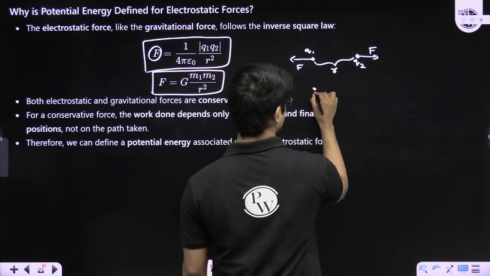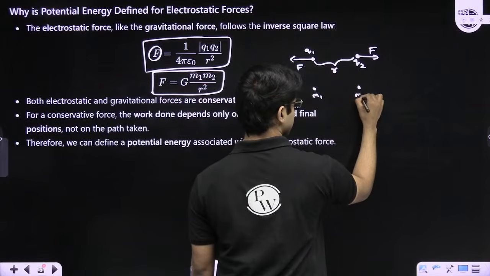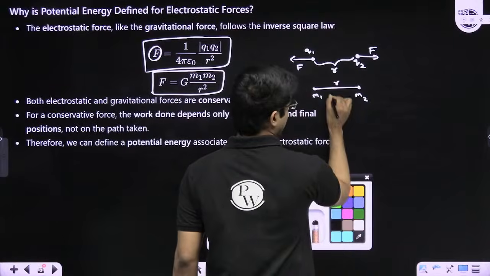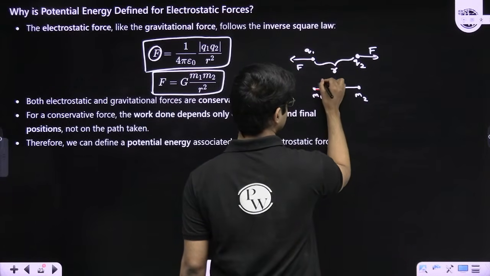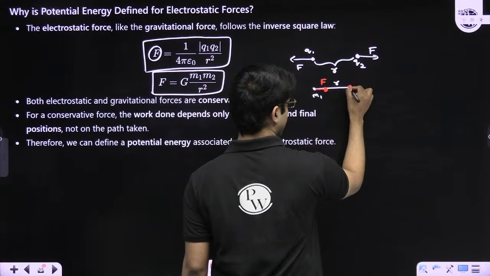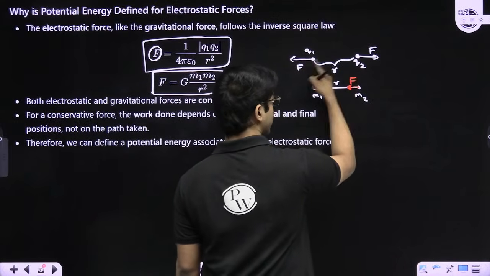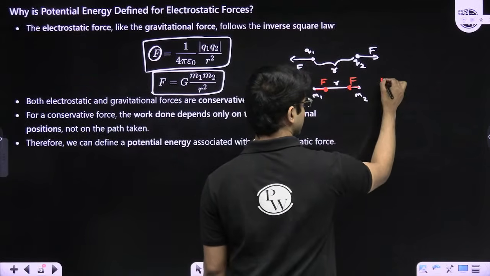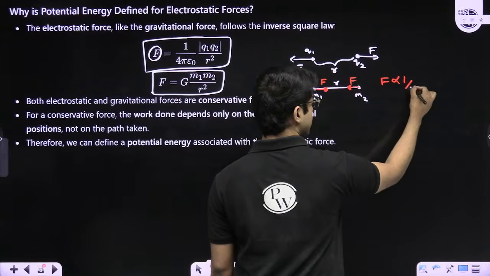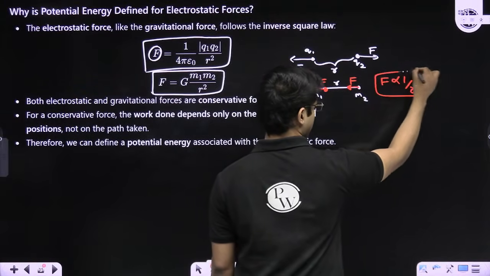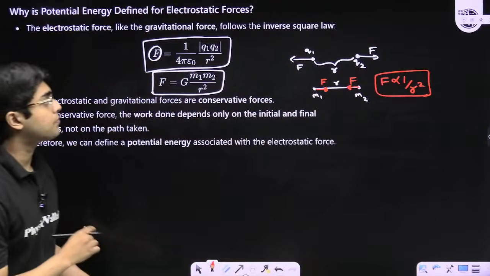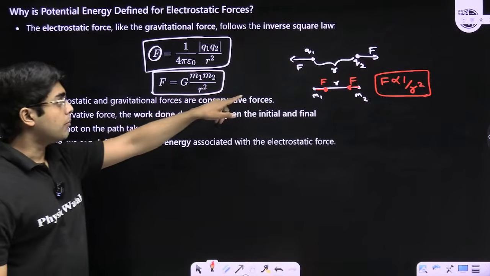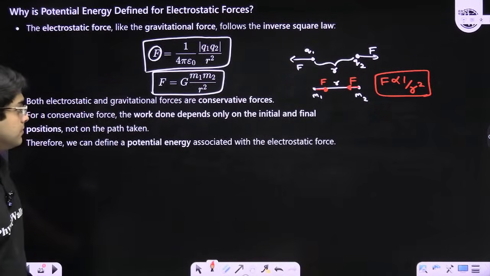Similarly, if you take two point masses, m1 and m2, which are at the same distance r, here the masses will only attract each other, whereas Coulomb's force can be attractive or repulsive. But here also the magnitude is inversely proportional to 1 by r square. So these two laws are actually identical because their relation with r is the same.